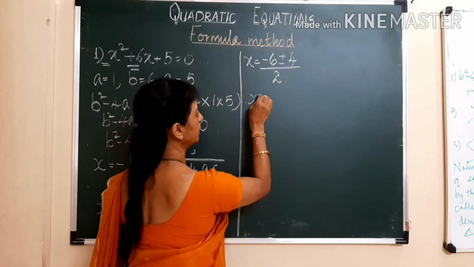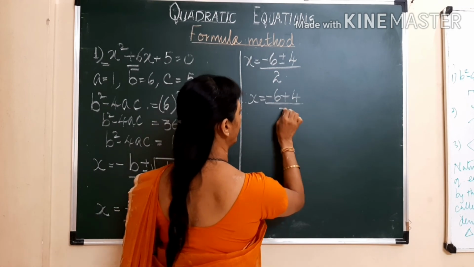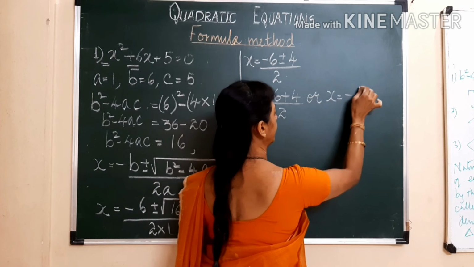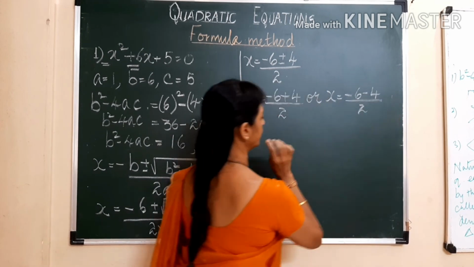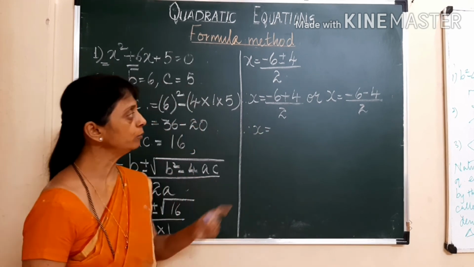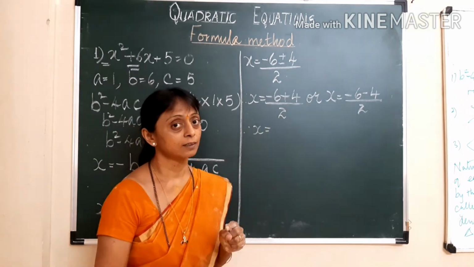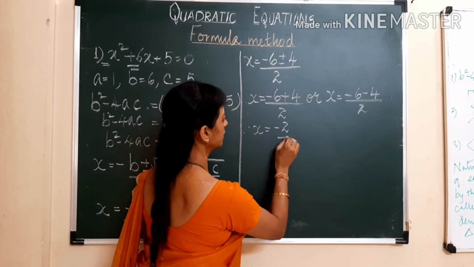Therefore, x will be equal to minus 6 plus 4 upon 2, or x is equal to minus 6 minus 4 upon 2. Over here, look at the numerator children, minus 6 plus 4 gives you what? Minus 2 upon 2.